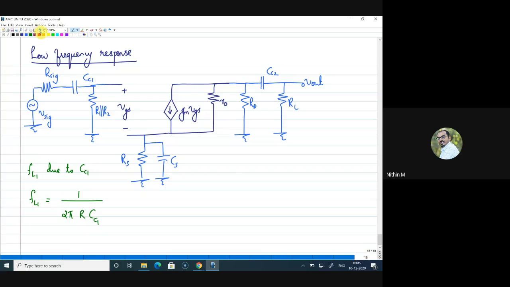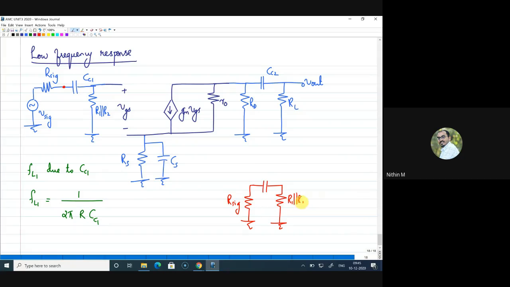For CC1, one end has R signal, and we assume the signal source is short. So you have R signal on this side, and you have R1 parallel R2 on the other side.